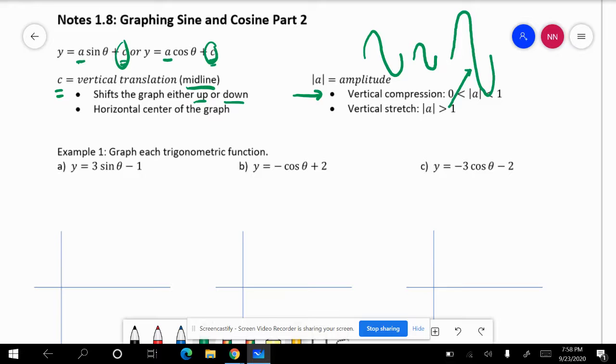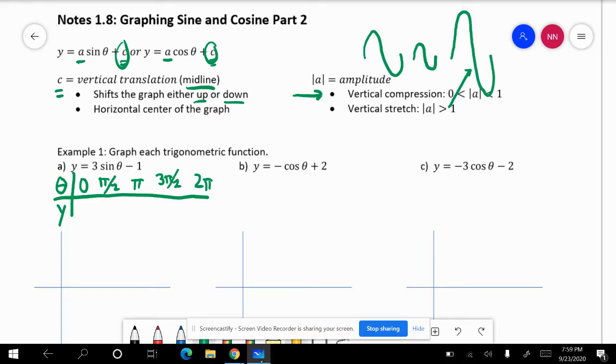So if we're looking at our example, we're going to take our theta and y. We're going to use our same theta values: 0, pi halves, pi, 3 pi over 2, and 2 pi. Now, we have to remember our y values for sine.